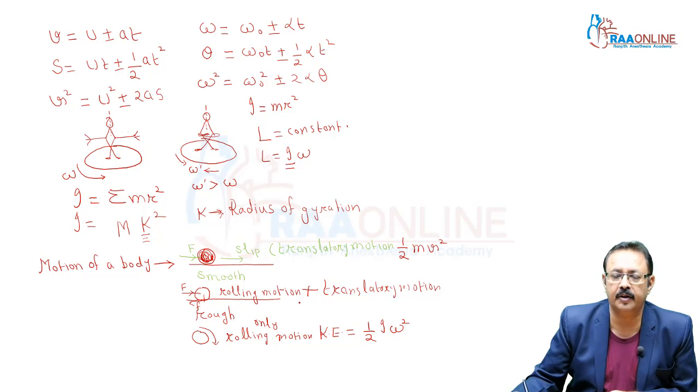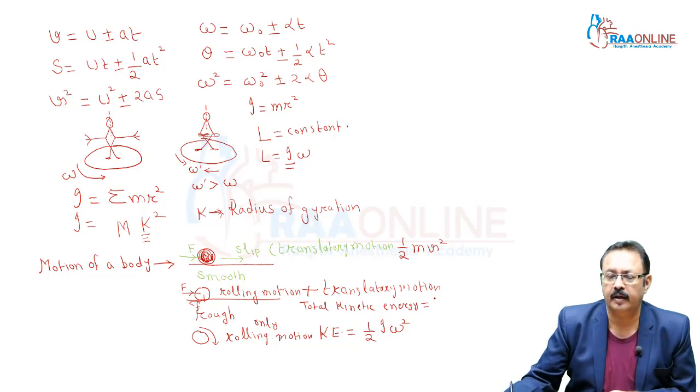But for total kinetic energy, you have to use the formula half mv square plus half I omega square.